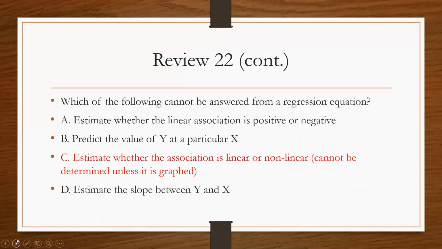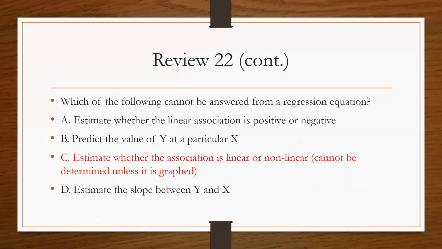So I feel like that might cause confusion. The answer is C, because you can't really determine whether or not the graph is linear based only on the equation. You have to see it graphed. The equation is for predicting the value of y at a particular given value of x. Estimating whether it's positive or negative can be found using the equation.